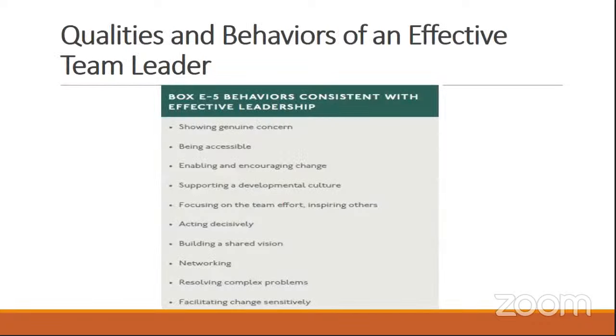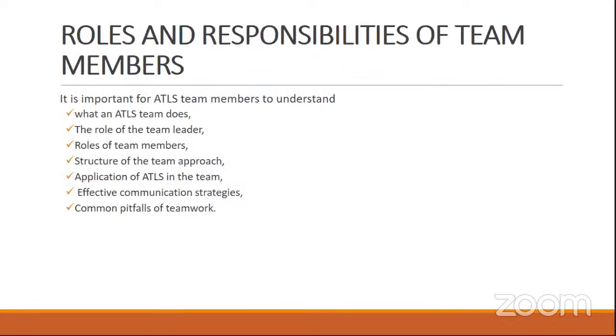So, the qualities and behavior of an effective team leader, let's see: showing genuine concern, being accessible, enabling and encouraging change, supporting a developmental culture, focusing on team effort, inspiring other team members, acting decisively, building a shared vision, networking, resolving complex problems, and facilitating change sensitively.